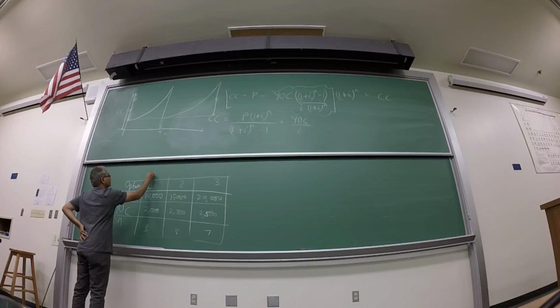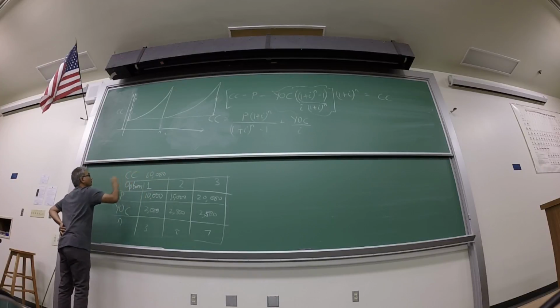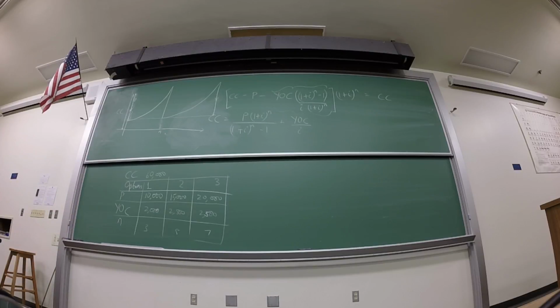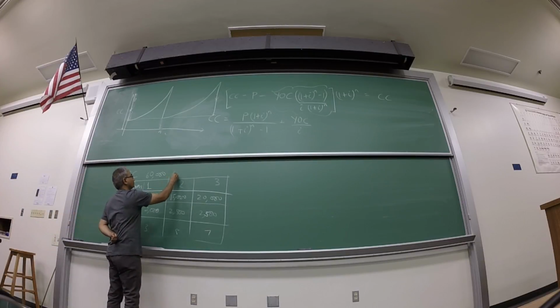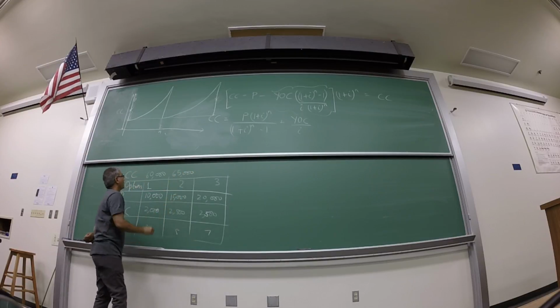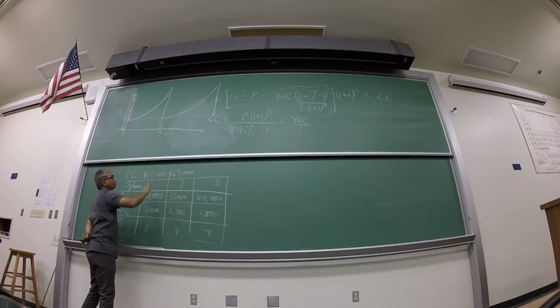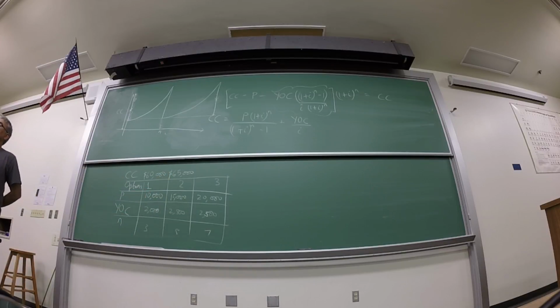Okay, 60,000 for option 1. Option 2: okay, 5,000. Okay. 3.